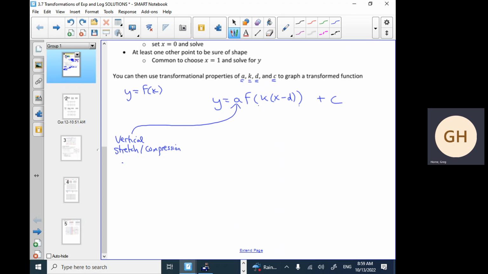The stretch is if you have an A value greater than 1, or A between 0 and 1, that's compression. That's just the positive versions of things. If you had negative versions of this stuff, then it would be a vertical flip.